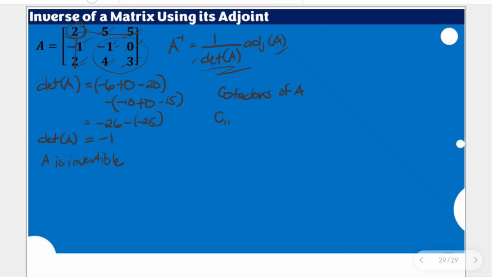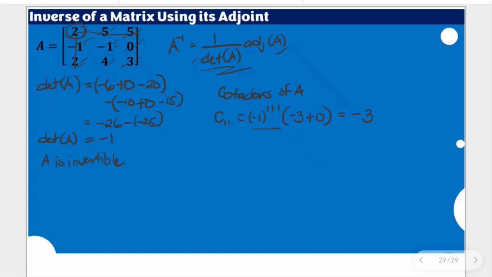It will be like this. You will have negative 1 raised to 1 plus 1, that's i and j, times the minor of your submatrix here. The minor of the submatrix is also considered as the determinant of this submatrix. The determinant of that is 1 times negative 1 times 3 is negative 3 plus 4 times 0, 0. So the cofactor of the first entry, this is positive, so you will have negative 3.